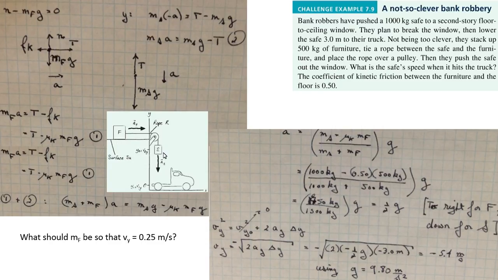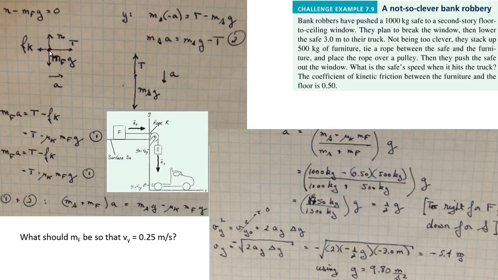And so the question is, what's the acceleration with which the safe hits the bed of the truck after dropping this 3 meters? So we'd like to know that, and what we do then is we do two free body diagrams, one for the furniture, that's this left one, and one for the safe, that's this right one.